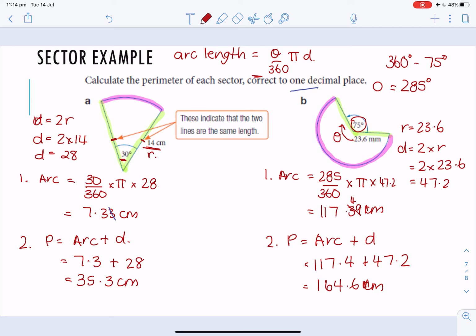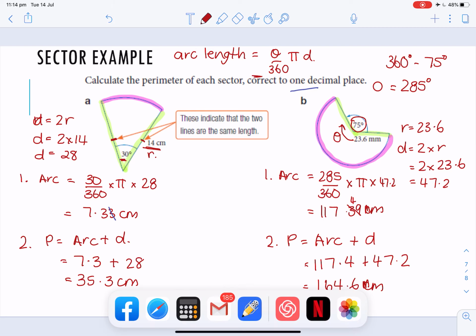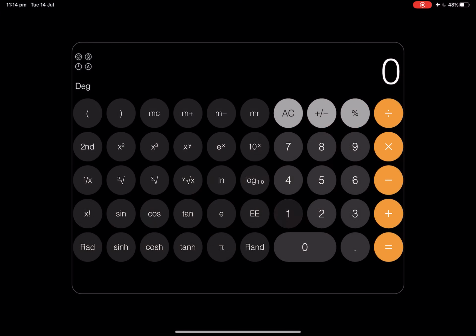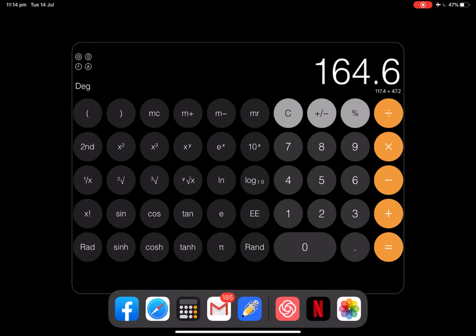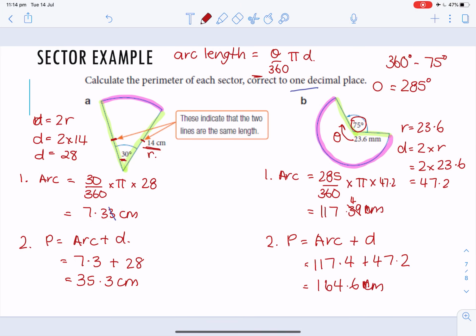What am I doing? We're in millimetres. I've marked that up. All right, so 117.4 plus 47.2 gives me 164.6. Again, it should be millimetres. If you don't provide the unit of measure or provide an incorrect unit of measure, you will tend to lose half a mark or so.